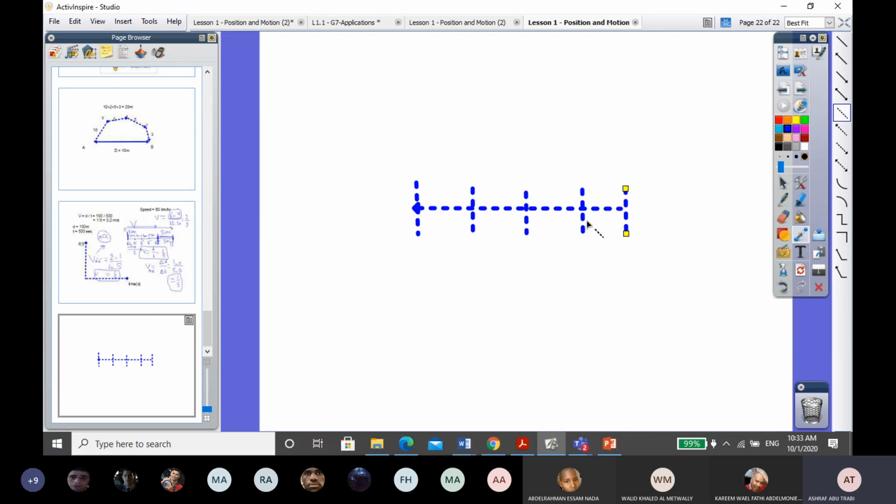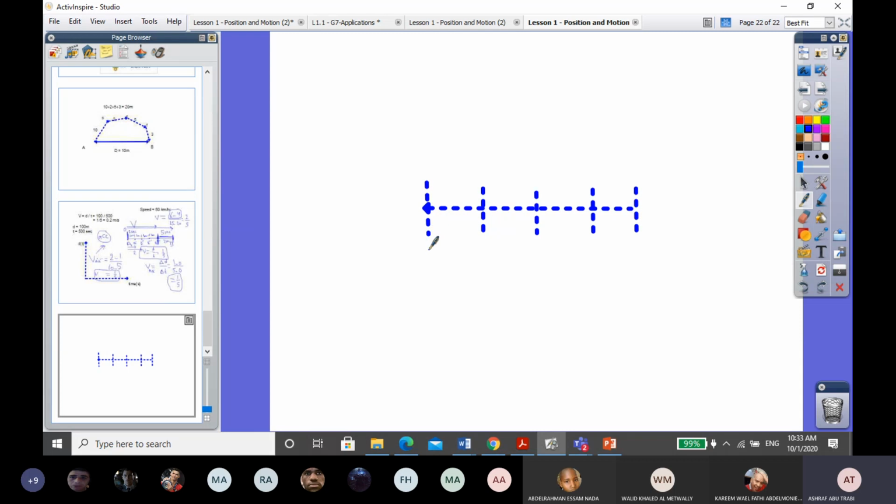I want to know the displacement. It means the distance between this point and this point. This is the 0 reference. First of all, how can I know this displacement? I must know the distance from 0 value to this value: 1, 2, 3, 4.